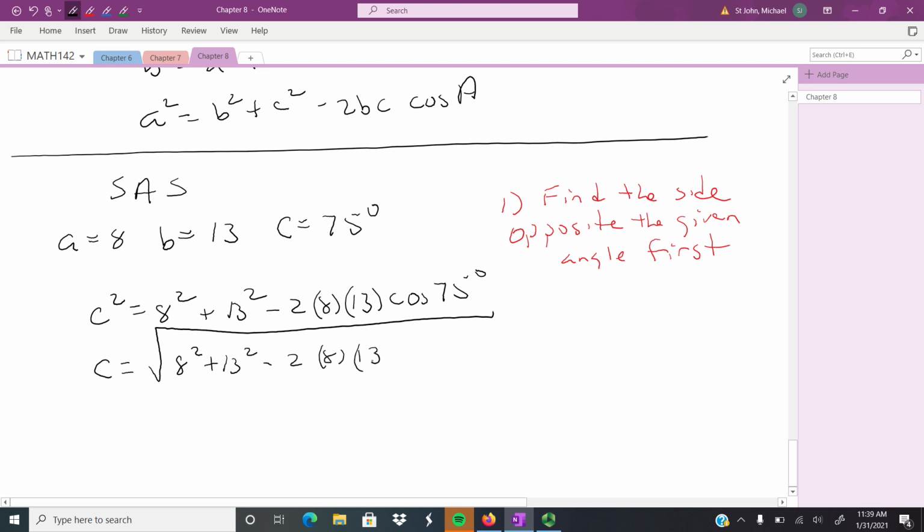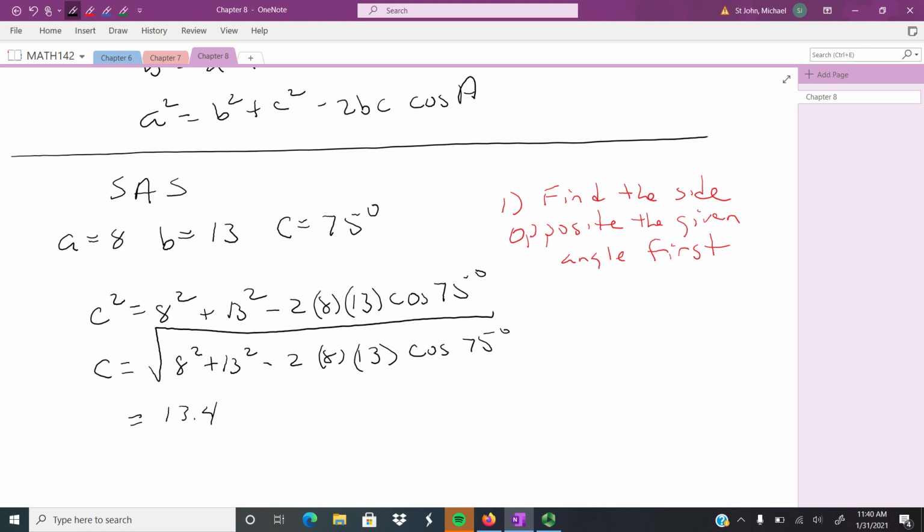You should be able to do all of this directly on the calculator. And when you do that, you'll get 13.4. So now we have a side.